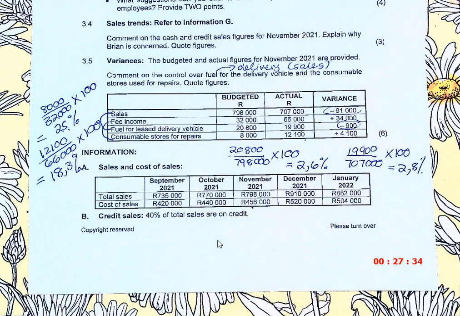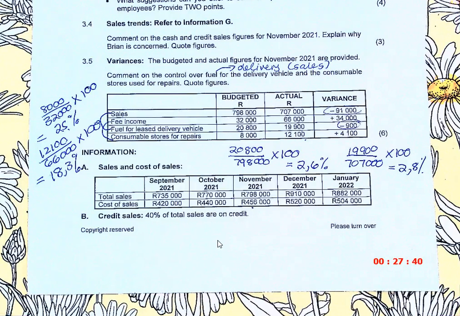So why would they use less consumable stores? Remember this budget is the budget of what we're going to buy. It's about the cash going out. Now what do we know about consumable stores? It's very seldom that we use everything we have. There's always some products that are taken over from last year to this year.